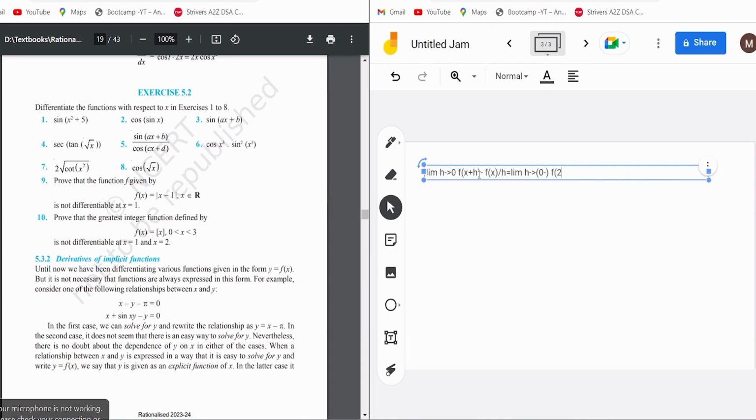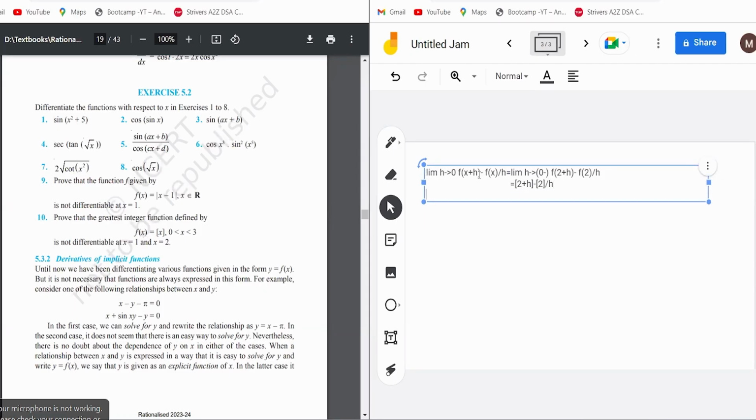It would be f of 2 plus h minus f of 2 divided by h. Simple. So from here I will get the greatest integer function of 2 plus h minus the greatest integer function of 2, divided by h.